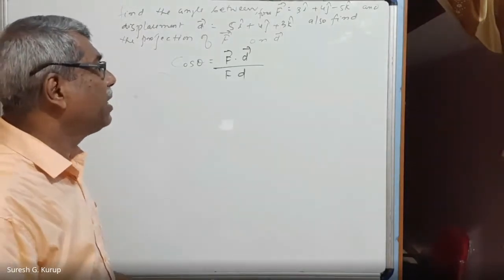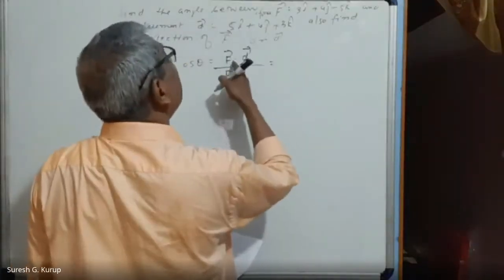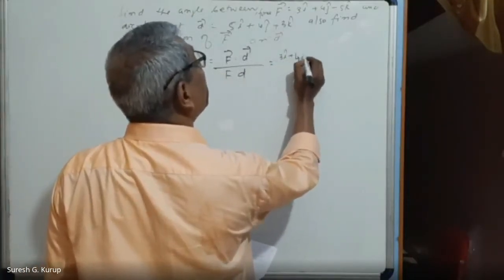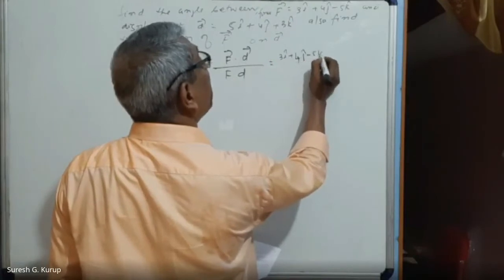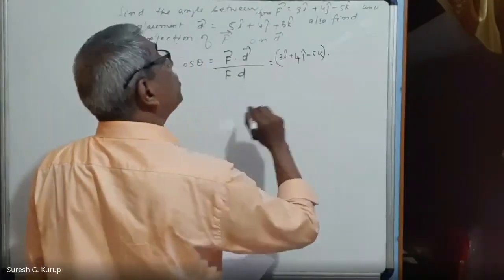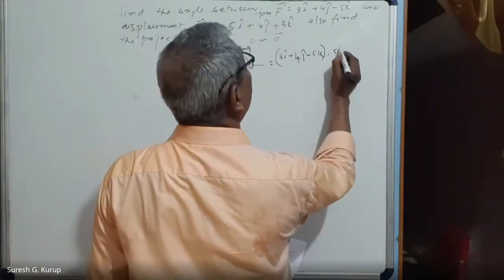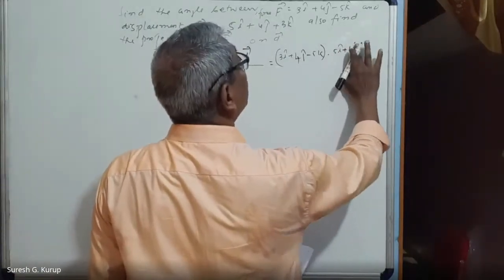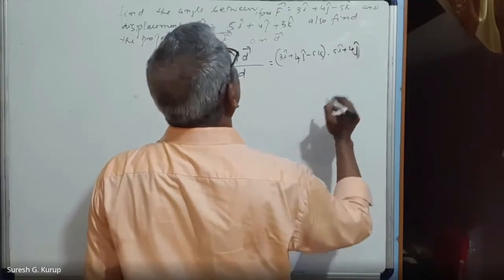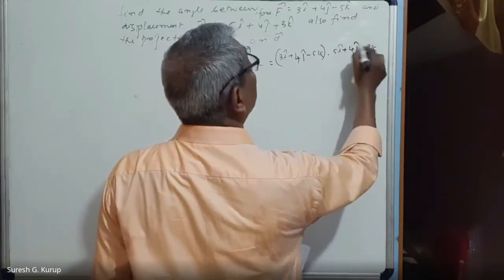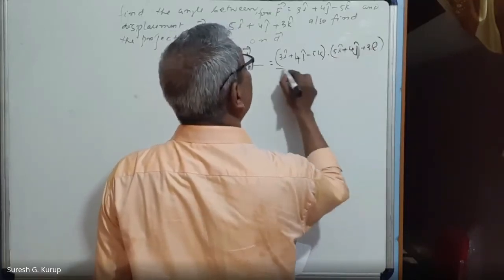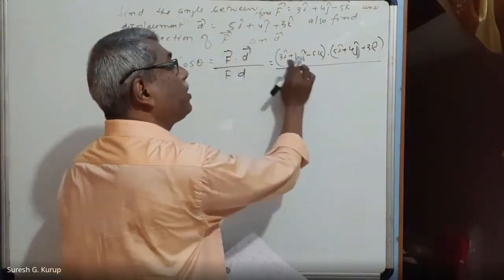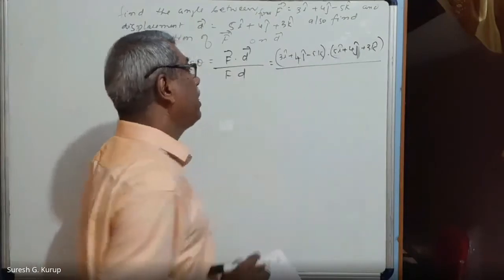Now I am writing: f dot d, where f is 3i plus 4j minus 5k, dot d, which is 5i plus 4j plus 3k, divided by the magnitudes.